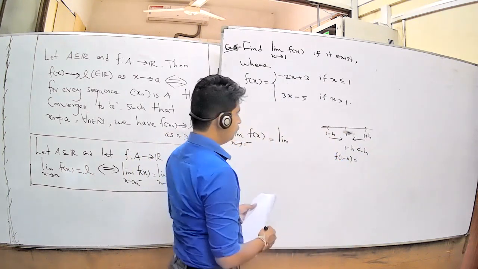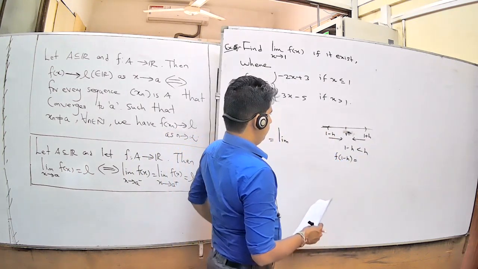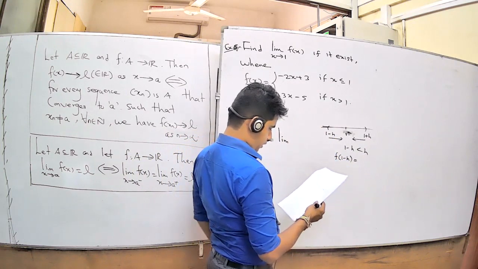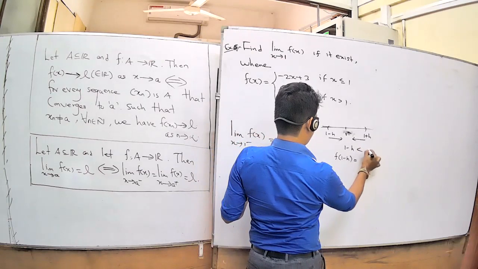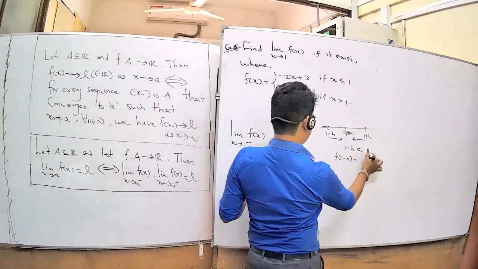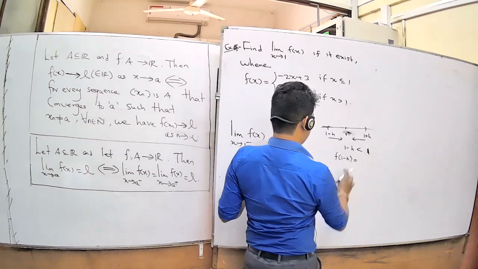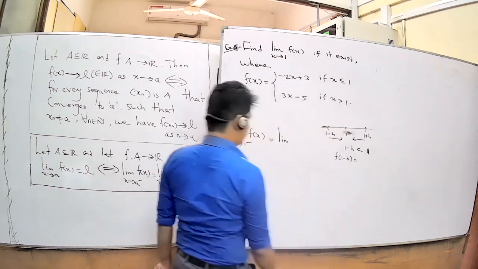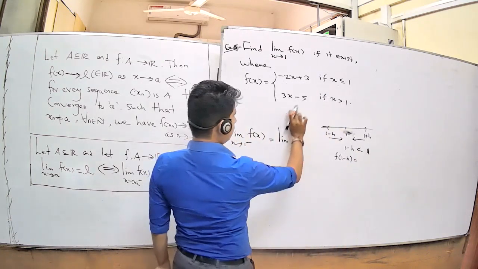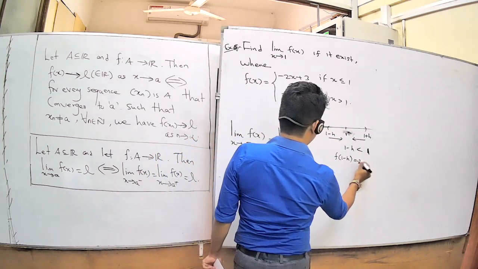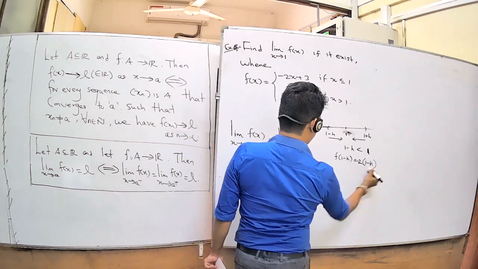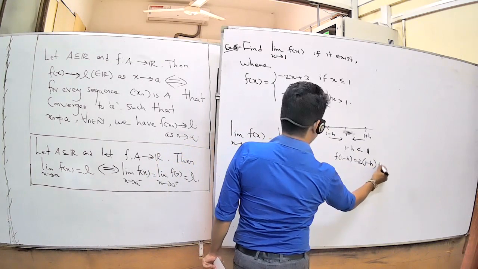1 minus h is less than 1. Therefore, what is the 1 minus h value? You use this one: minus 2 times x, where x is 1 minus h, plus 3.